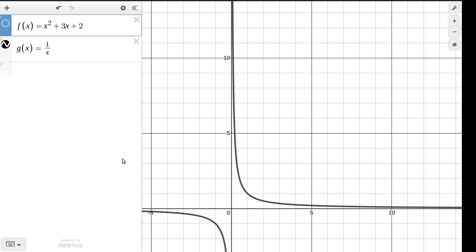And then here we have a rational function that has a vertical asymptote at x equals 0, but it can run off to negative infinity and positive infinity around 0. It also has a horizontal asymptote at 0, so it can't take in the number 0, and it can't spit out the number 0.